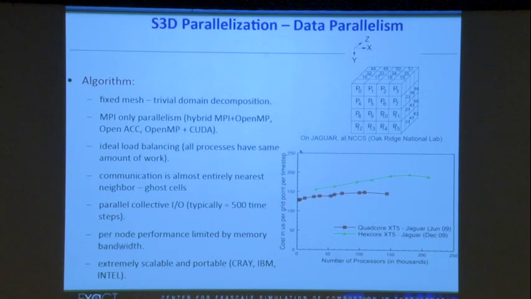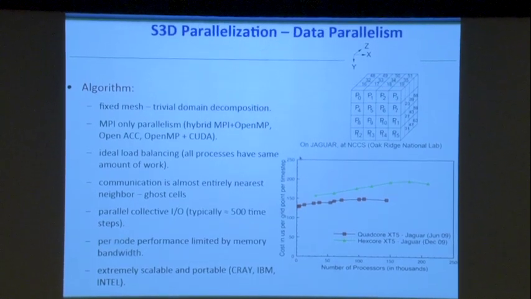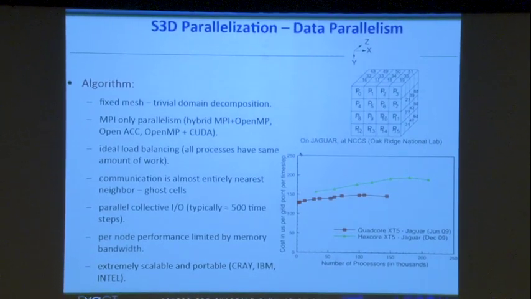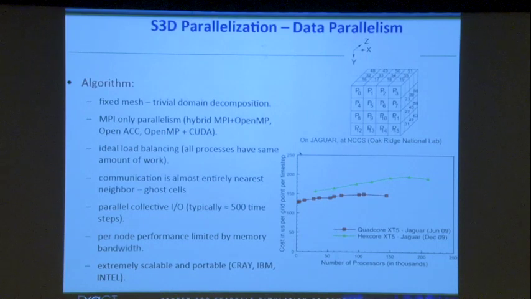For parallelization of the code in a compressible fixed uniform mesh code, we have a very simple domain decomposition. You basically take a large cube and you bust it up into smaller blocks. And for the longest time until recent appearance of heterogeneous machines that include accelerators, we used MPI only for message passing and for parallelism.